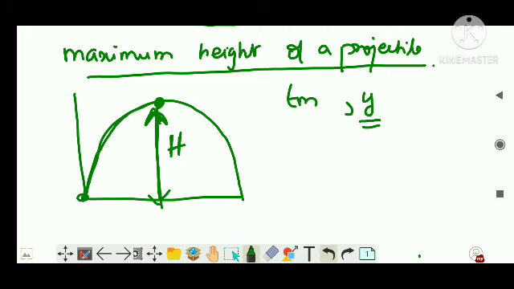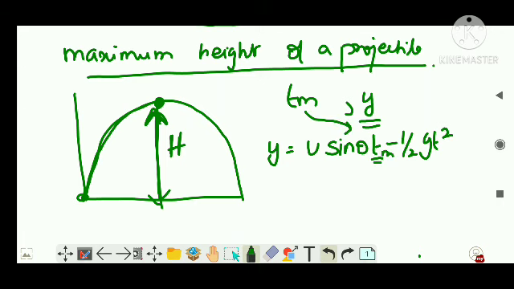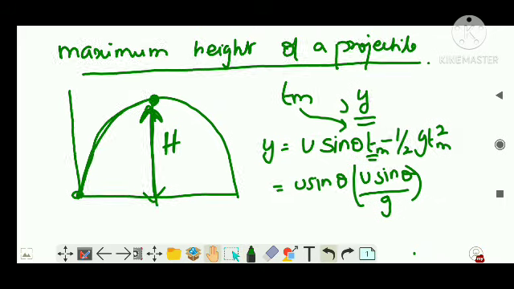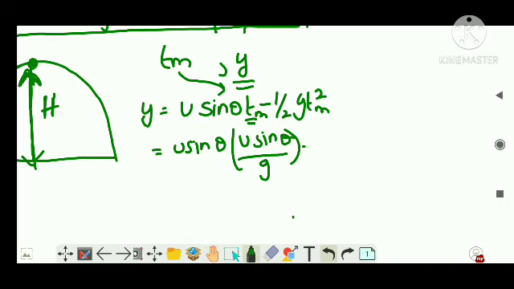Y coordinate here, right? So the y equation is u sin theta t minus half g t square, right? Now in place of t, it is tm, so it is tm, and here also tm. So it is u sin theta, and what is the tm equation? It is u sin theta by g. Now all these equations you guys have to learn by heart. There is no other way. Minus half g tm square. Sorry, in place of tm I have to substitute now.